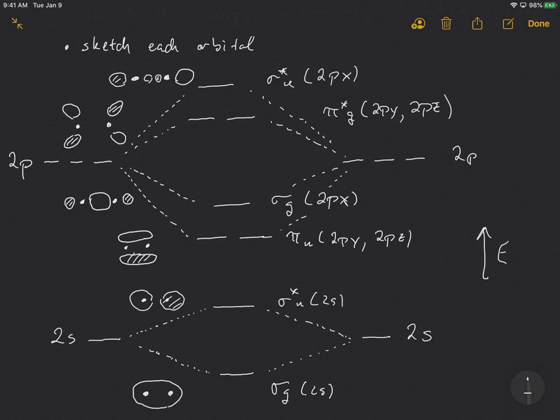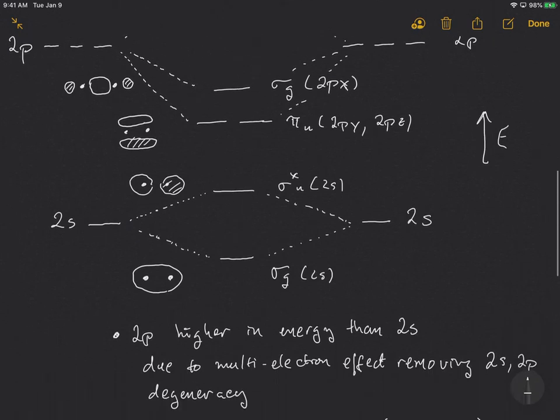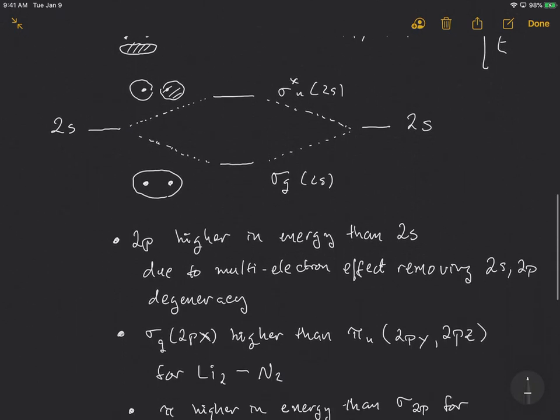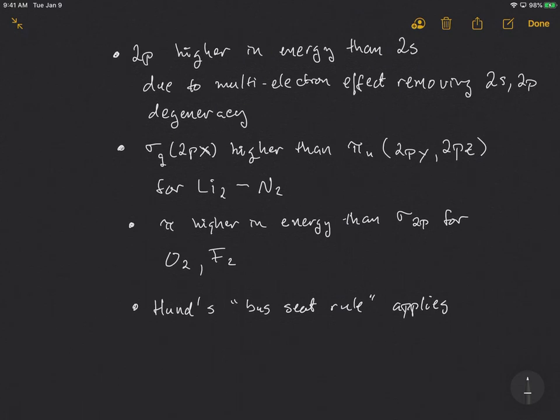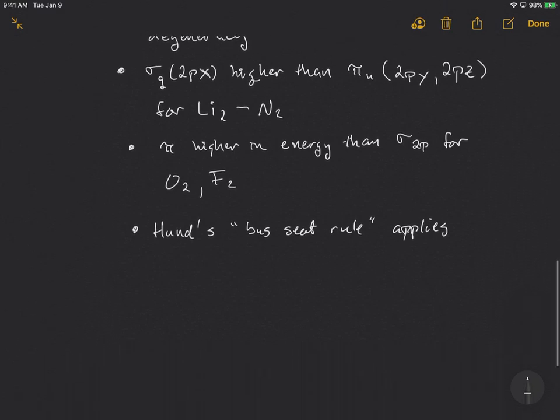Okay, let's move on to actually looking at some potential homonuclear diatomic molecules. Let's look first at Li2.